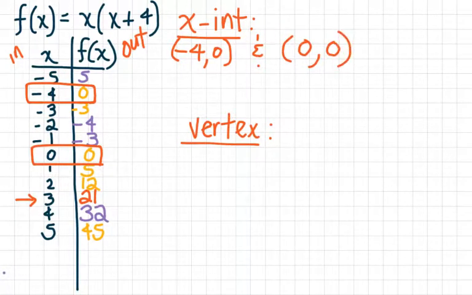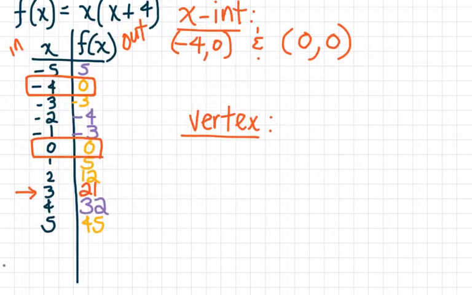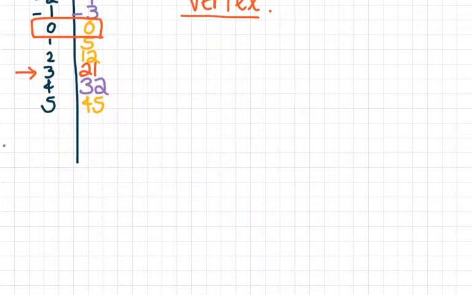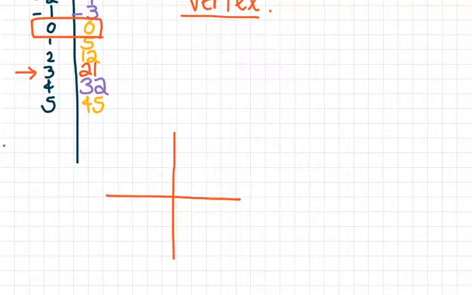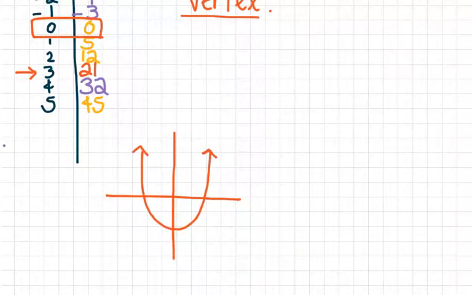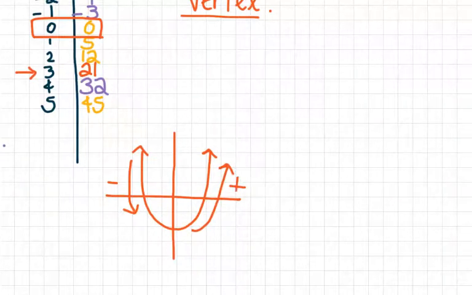So now I want to look for the vertex. One thing I want to remind you about the vertex is that the vertex on a parabola is where the function changes direction. From here to here, I have a decreasing function, and on this side of the vertex, I have an increasing function.